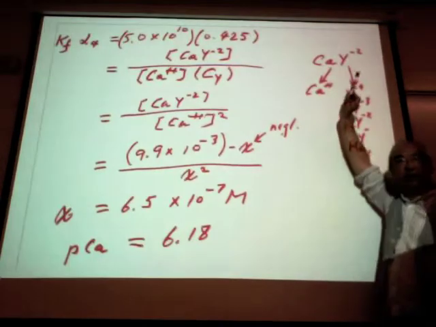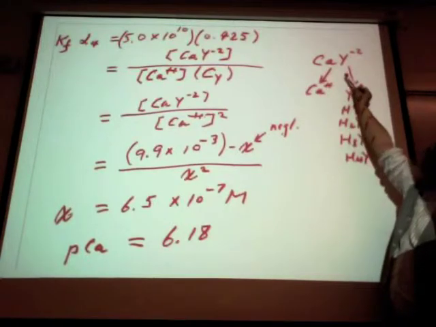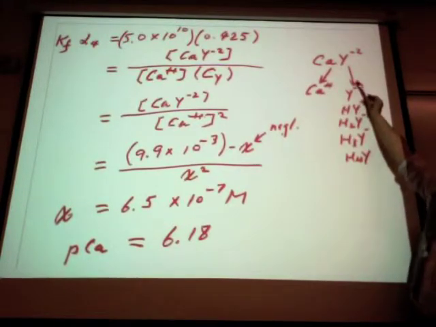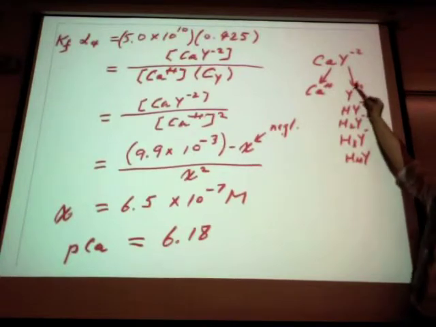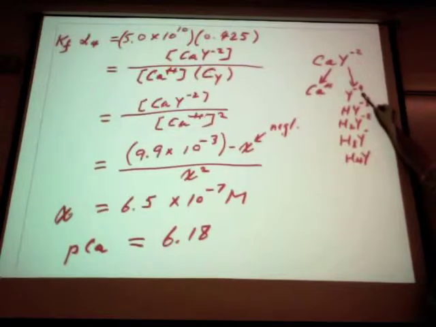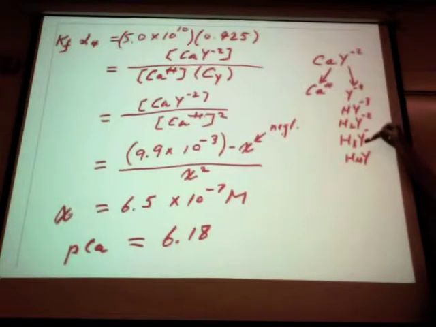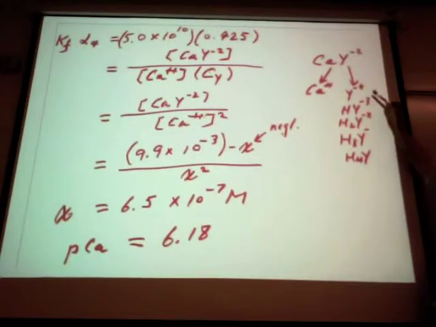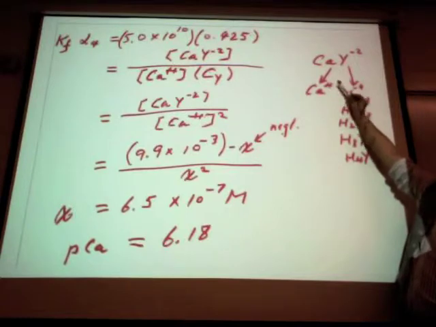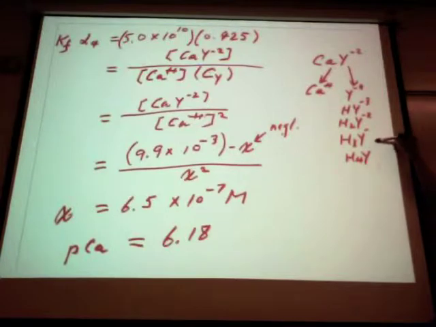Now, here is the deal for the calcium-EDTA complex. Now, this is your complex, right? The reverse arrow is going to give back a little bit of calcium 2 plus. Simultaneously, it's going to give you the Y4 minus. Yet, depending on the pH, this Y4 minus is going to associate with 1 proton, or 2, or 3, or 4. So they come from initially 1 to 1, but this one is going to distribute into all that.